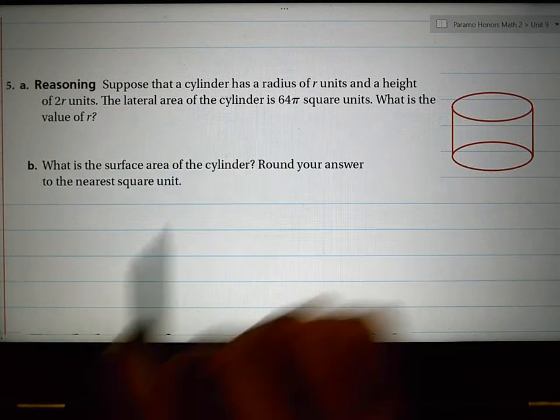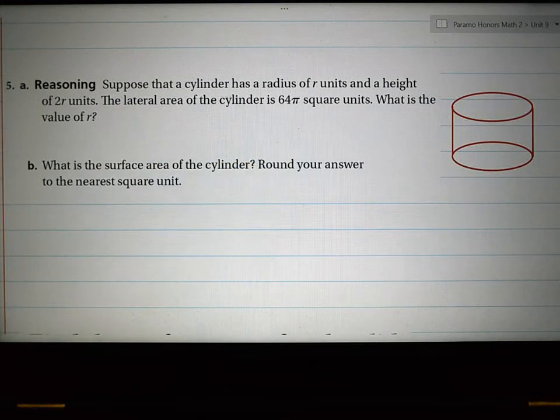Suppose that a cylinder has a radius of r units and a height of 2r units. From here to the edge, the radius is r units. They don't give you a number. They give you a variable.